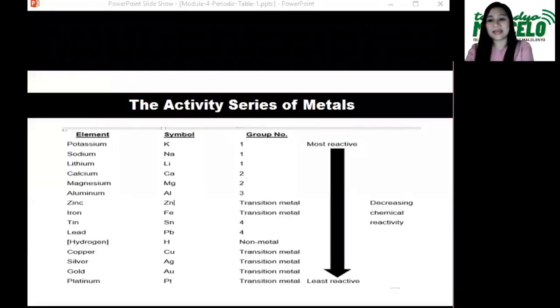Let us analyze the table showing the activity series of metals from the most reactive to the least reactive. Based on the table, the most reactive metal is potassium, while the least reactive is platinum.